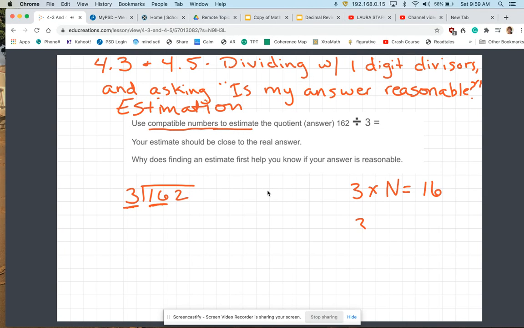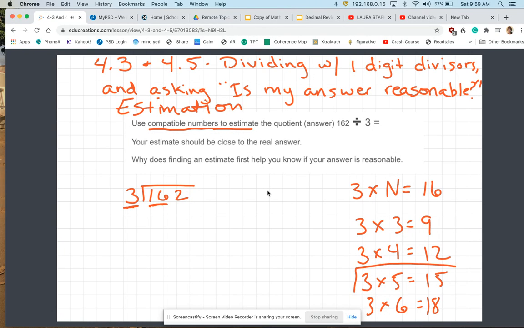I can think 3 times 3 equals 9. I can probably get closer. 3 times 4 equals 12. I bet I can get closer. 3 times 5 equals 15. Ooh, 15's really close to 16. And 3 times 6 is 18.